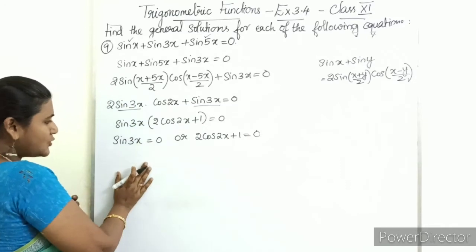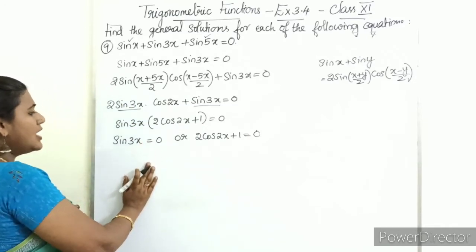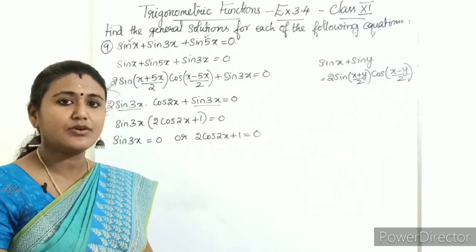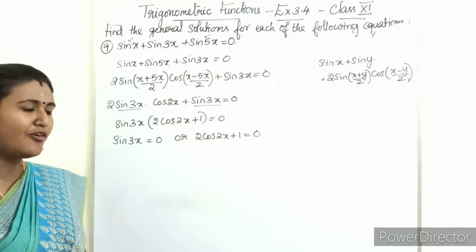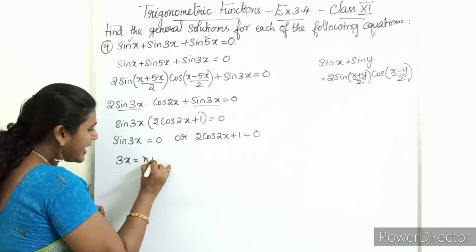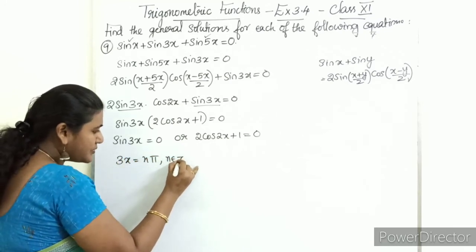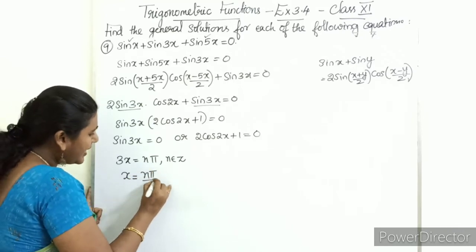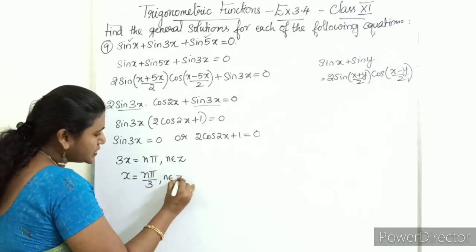For the first equation, for which angle is the sin ratio 0? For the integral multiple of pi. So we can write 3x is equal to n pi where n belongs to Z. From this, what is the value of x? x is n pi by 3, where n belongs to Z.